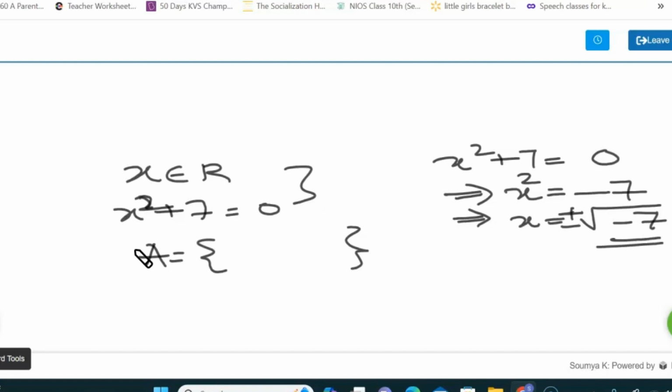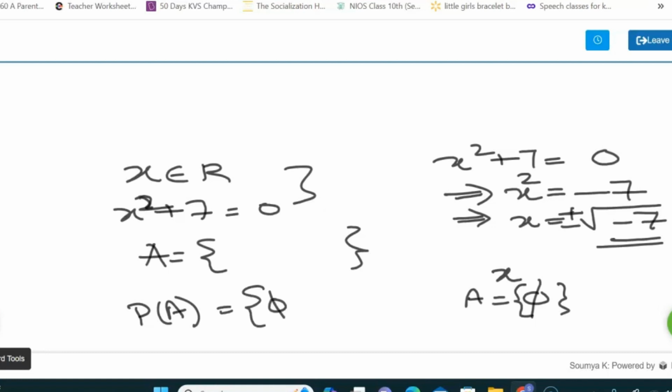This is not a real number. So in this case, you won't get any elements for x. That is, the set A will contain no element, that is, it is an empty set. So for this empty set, what will be the power set? It will be the subset of that empty set. So this will be the answer for the first question.